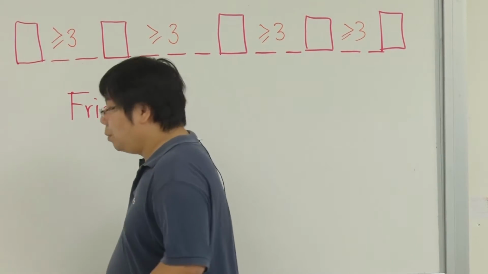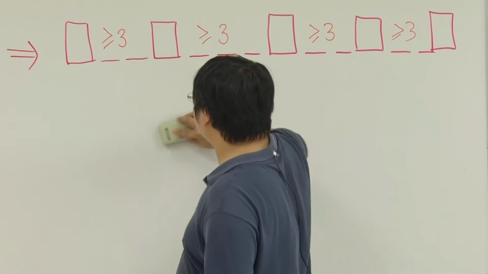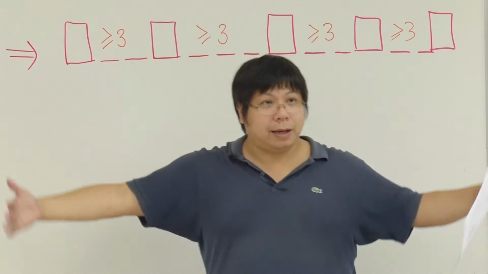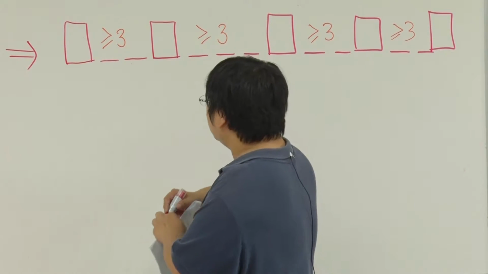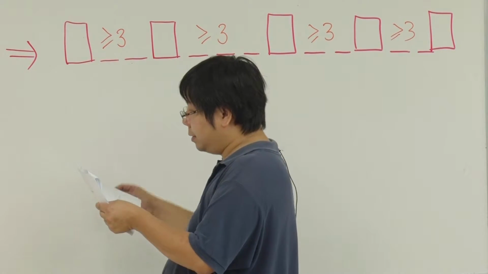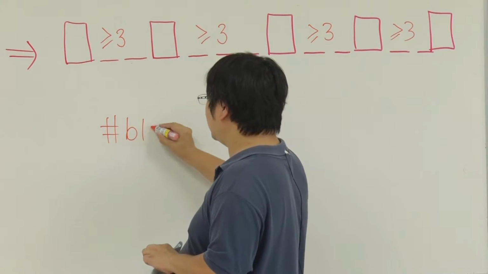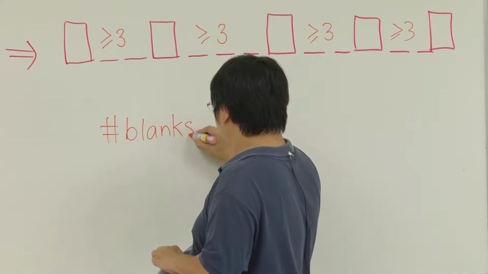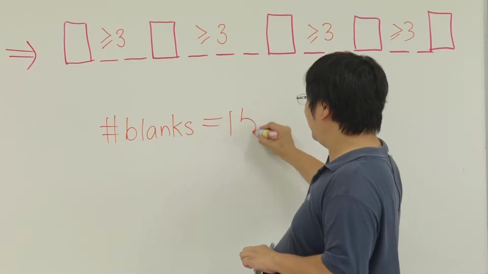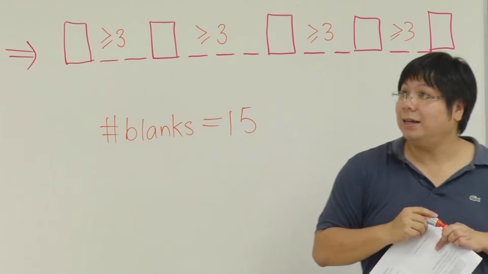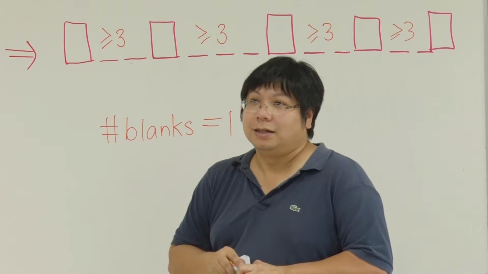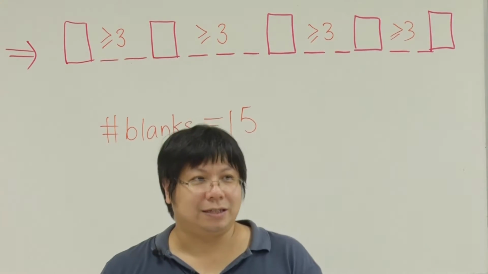And then we want to make sure that the total message always has the same length. So we have another restriction that the number of blanks that we are sending is exactly 15. Is that okay? So how many ways are there to send this thing?